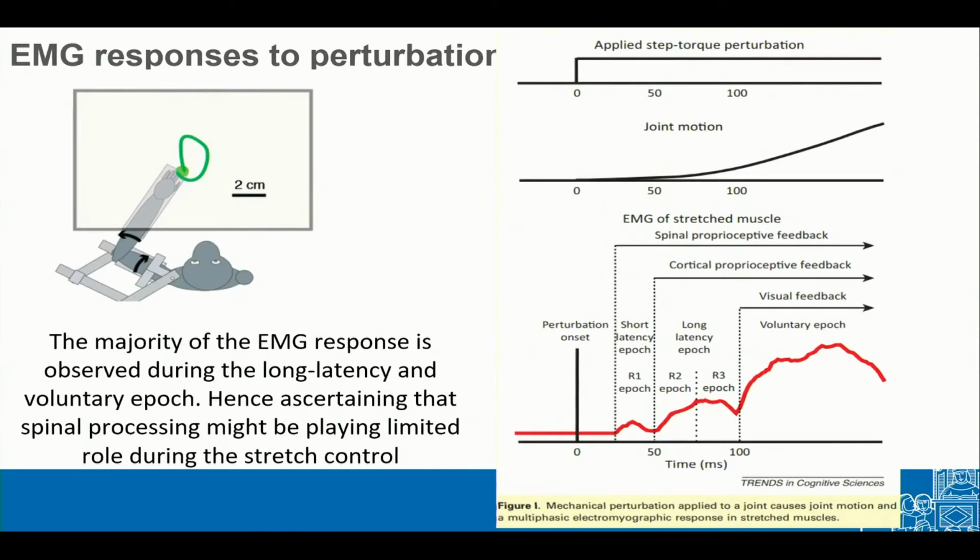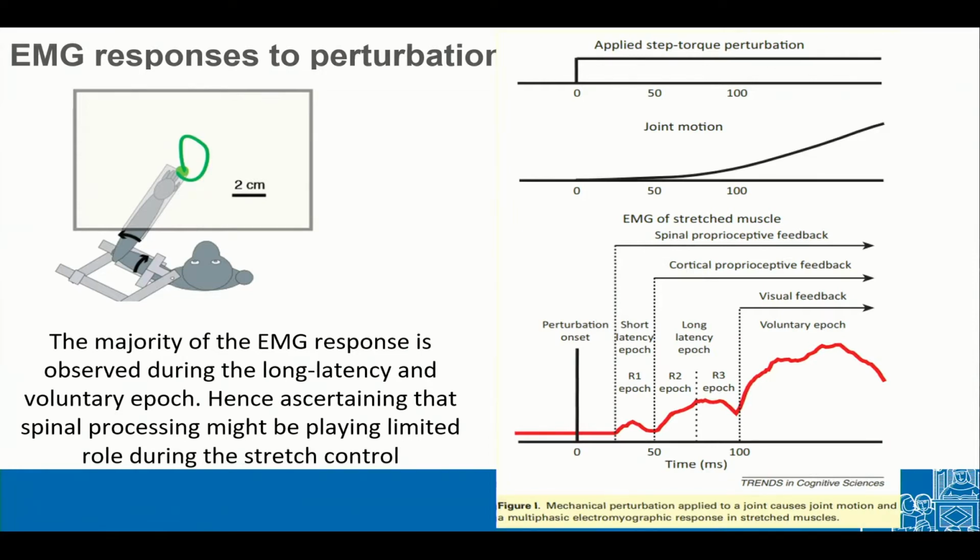What they found out in this study is that in the case where the monkey was asked to keep the position in space when we applied, for example, a step torque perturbation, a fixed one, the EMG activity of the muscle that you can see here was evaluated according to the delays in time to see what happens according to the feedback time that arrived to the brain, in the cortex, for example.